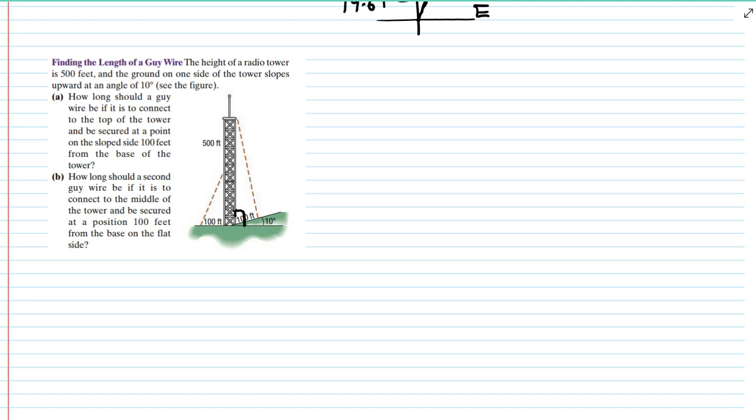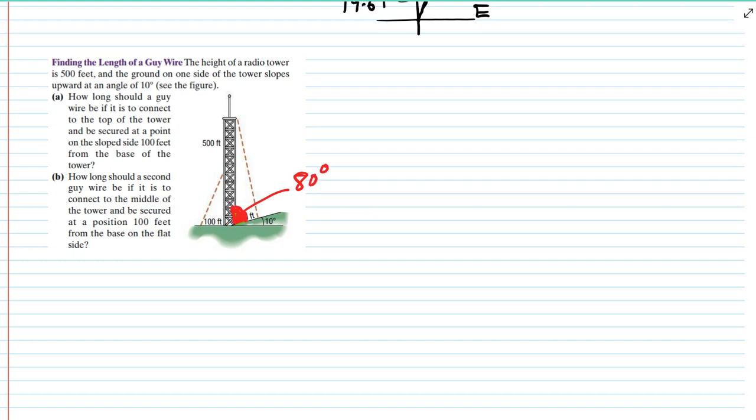Remember, the tower to the base is 90 degrees. Because of that 10-degree slope, the measure of this angle is going to be 80 degrees, right?